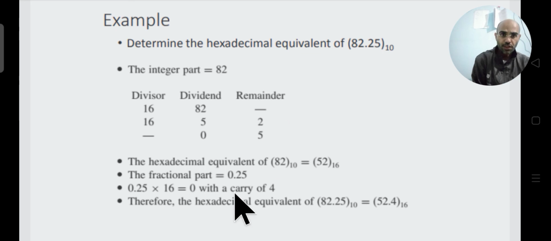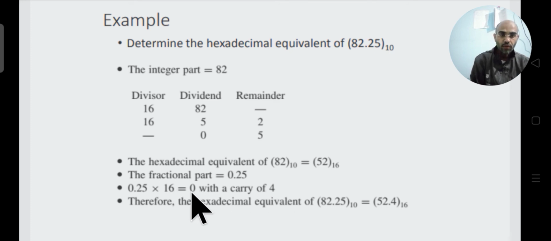Whereas for the fractional part, we have to multiply the fractional part with the desired radix, the radix of the desired number system. So 0.25 multiplied by 16 gives us 4.0. The 0, which is the fractional part, will be left here, whereas the integral part we note down separately, so we take 4 here.